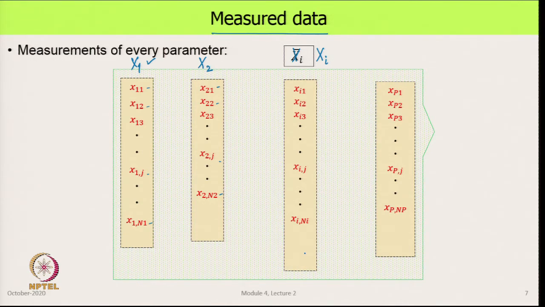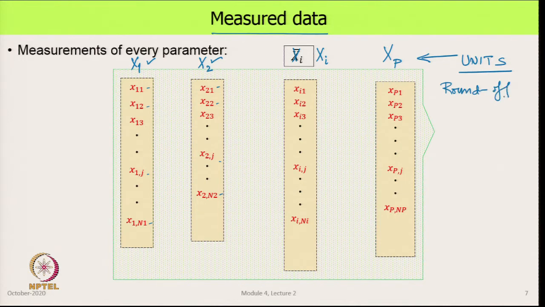And if there are p number of parameters in the experiment, this is xp, and these are all the readings that we have. So, each one of these would represent a column in our data file, and we should be able to know that this column pertains to this variable, this is for this variable, and in every case we have to be clear and careful about what are the units in which we have got this data. The other thing also to be careful about is that you have the right number of significant places.